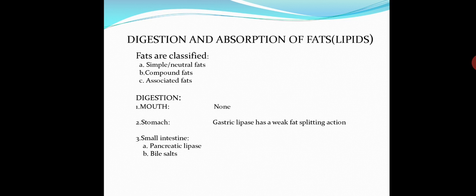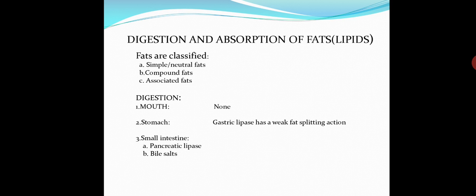Lipase cannot act on fat droplets, but it acts at the interface between the fat particles and the water and successfully hydrolyzes the 1 and 3 bonds of triglycerides into diglycerides and monoglycerides with release of associated fatty acids.